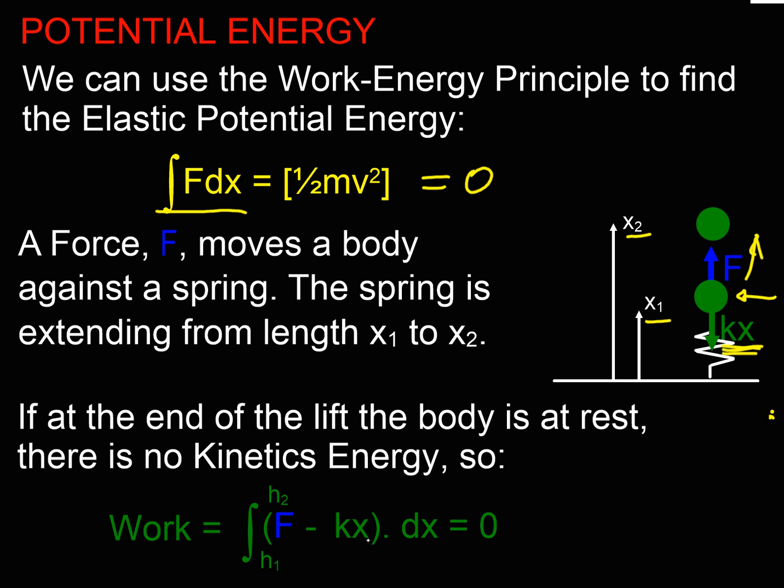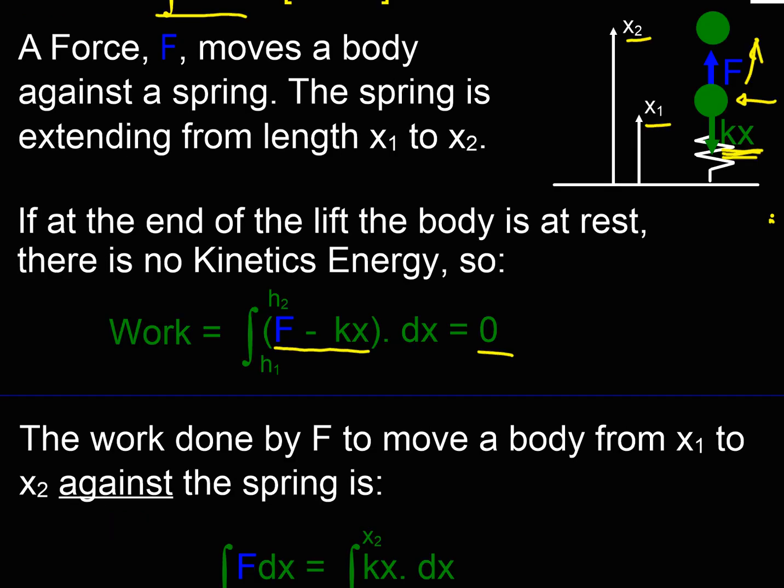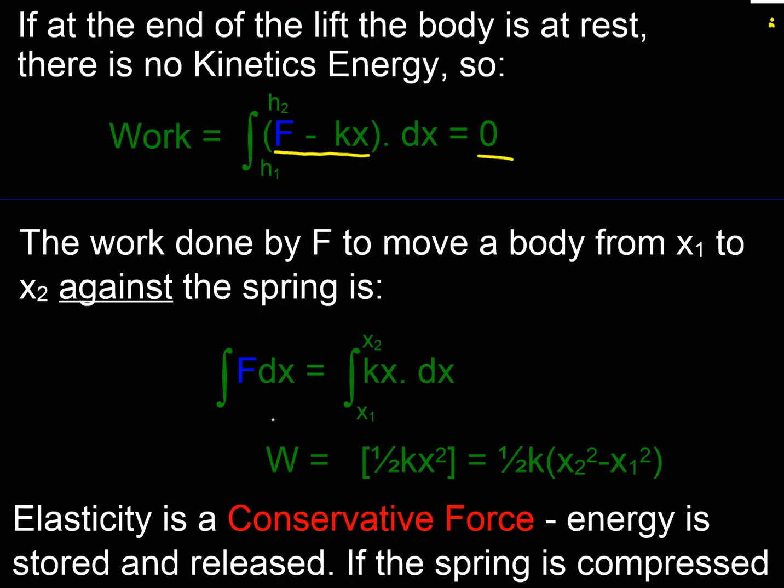So what we've got to do is look at the left-hand side. And the left-hand side, we know that the force being applied to the body here is F minus kx. And again, the net work done is going to be 0. So if we do the split as we did before and put the integral of F dx on the left-hand side, then on the right-hand side we've got the integral of kx dx.